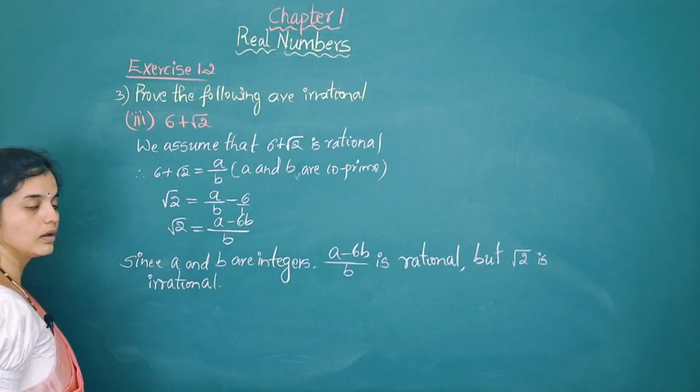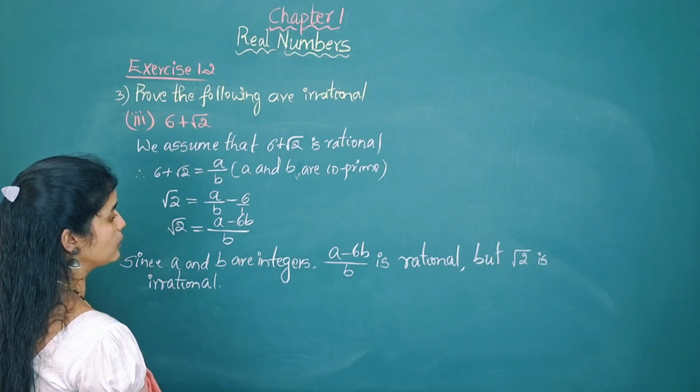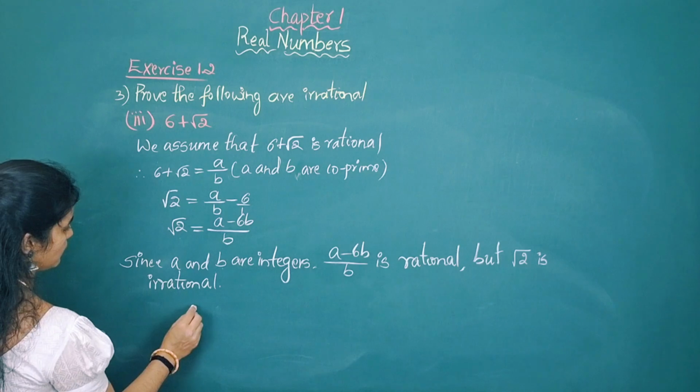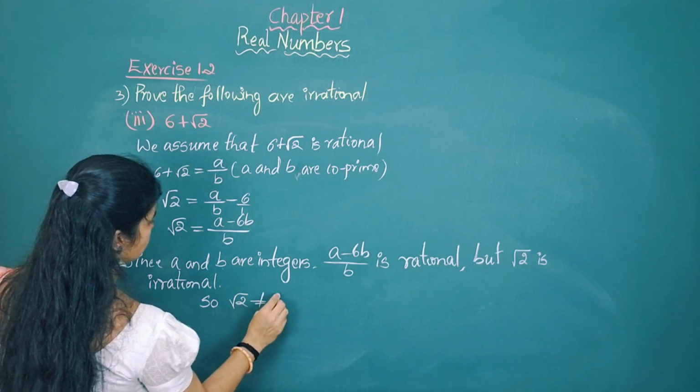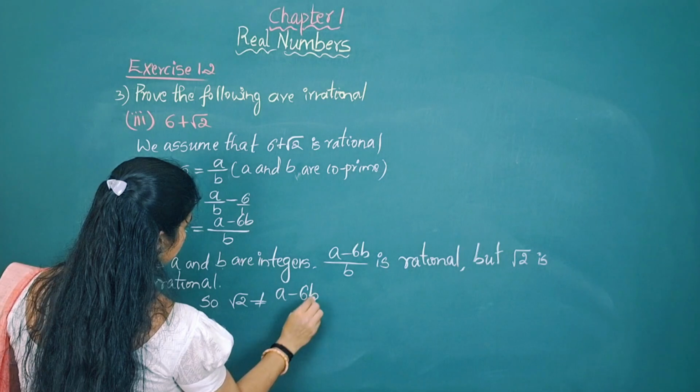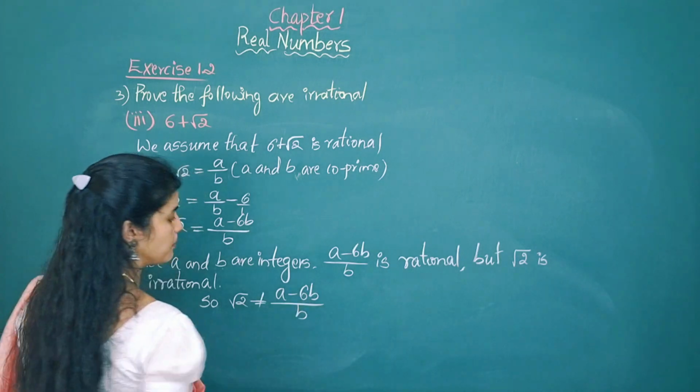We know a rational number cannot be equal to an irrational number. Okay. So, root 2 is not equal to a minus 6b divided by b.